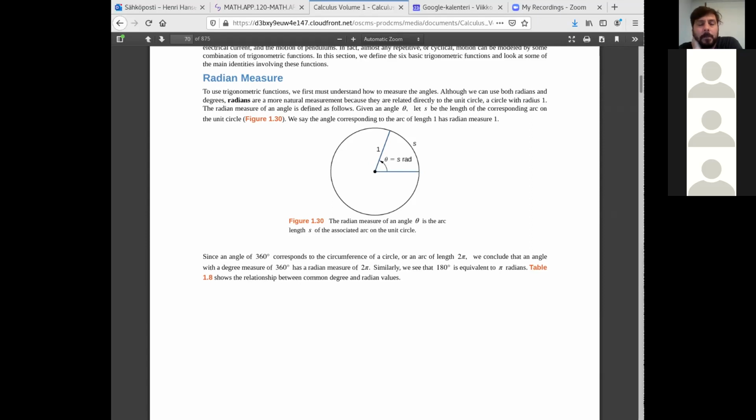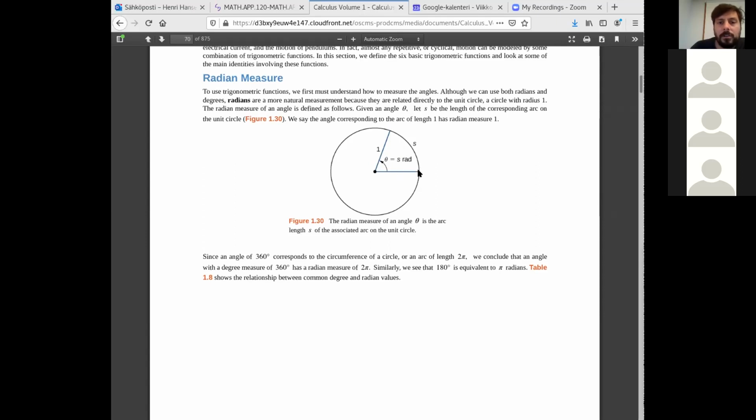So if we look at the unit circle closely, as we start increasing this angle here, this S here is the length of this arc.